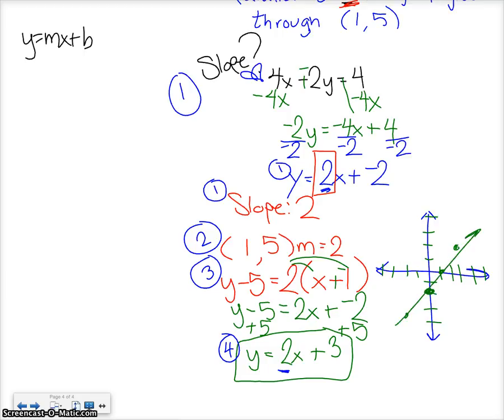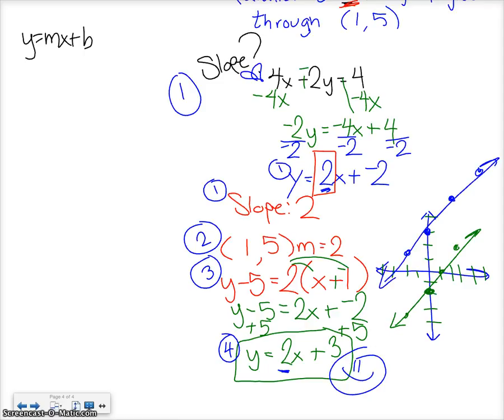So my first line would look something like this. And then the line I created, my final answer down here, I intersect the y-axis at 3, and then up 2 over 1, up 2 over 1, down 2 the other way. And as you can see, they are parallel lines.